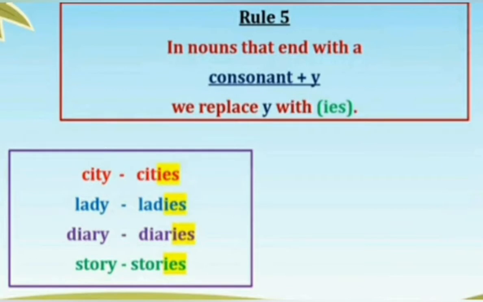Diary ends with Y and has a consonant before Y. So we have to remove Y here and add IES in place of Y. Next word, story. Here we also have a word that ends with Y and has a consonant before Y. So we have to remove Y and add IES in place of Y. So the plural of story is stories.